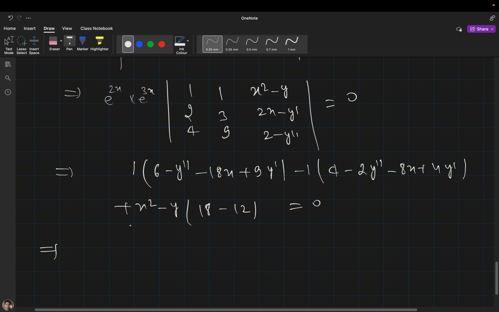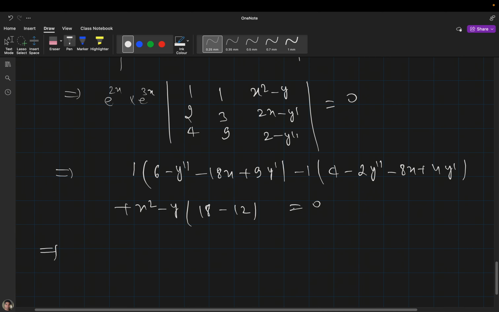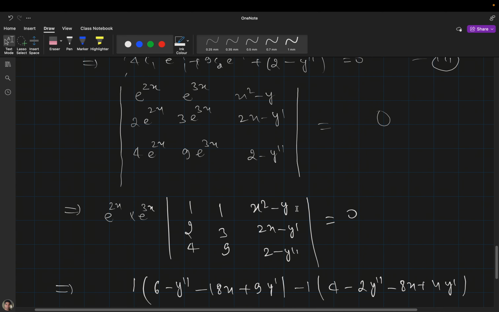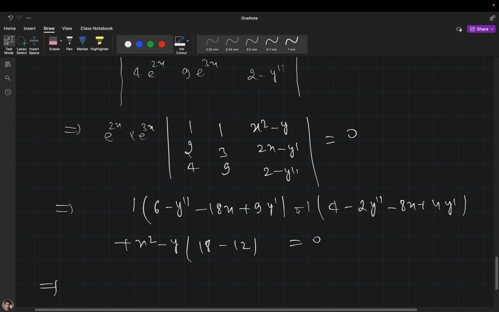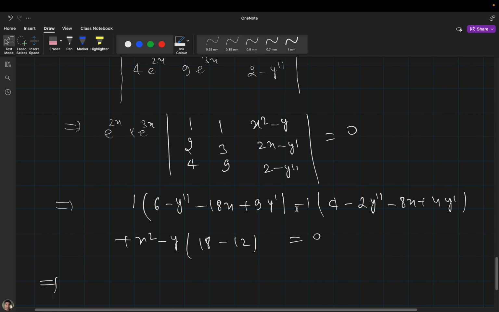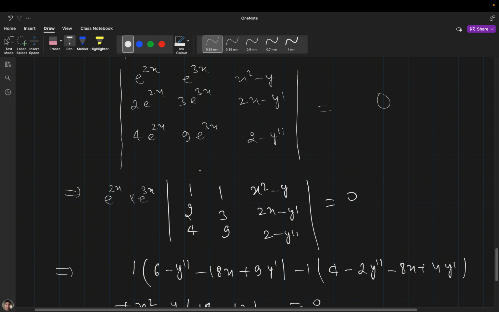Yes, tell me. In solving the matrix determinant, the term would be 6y double dash? No, why 6y double dash? So 3y double dash.